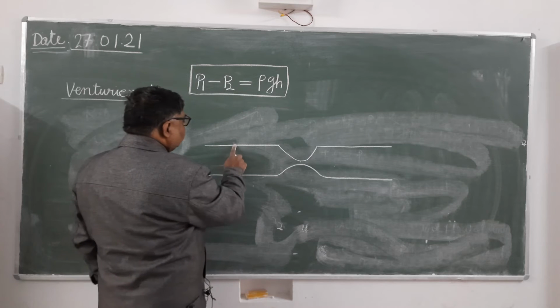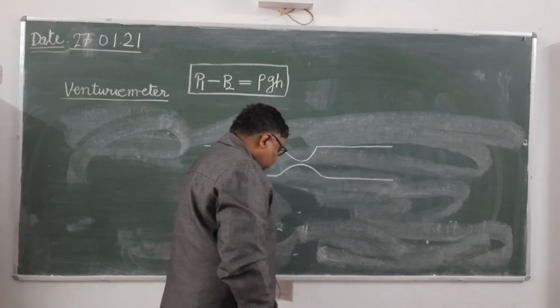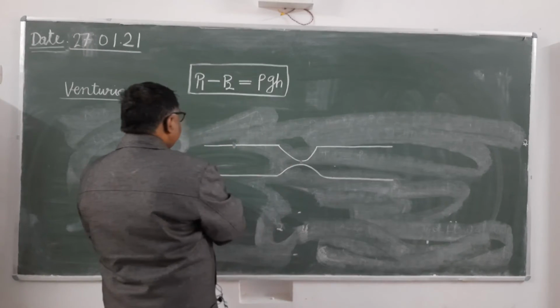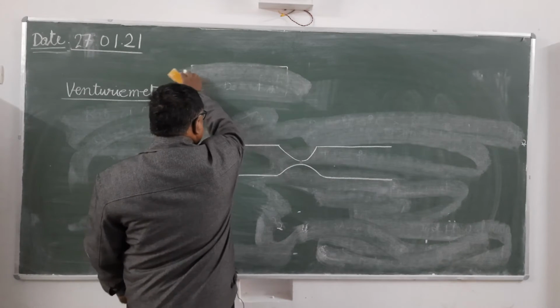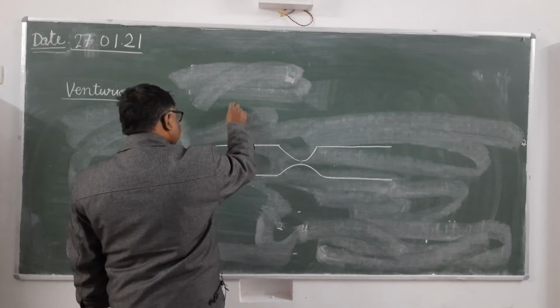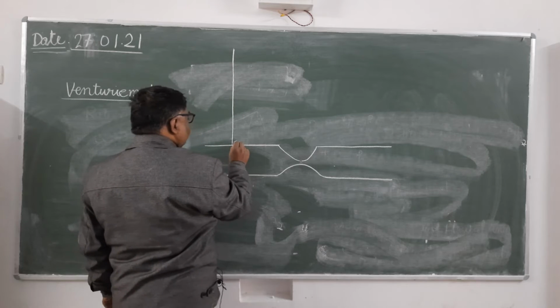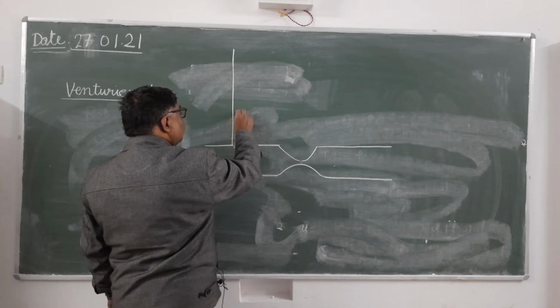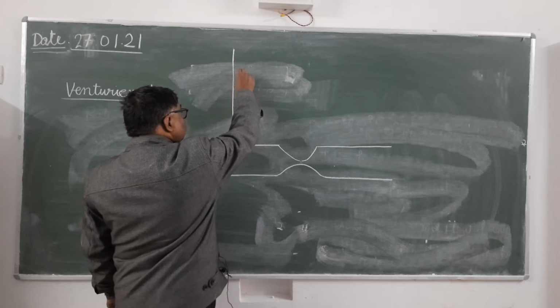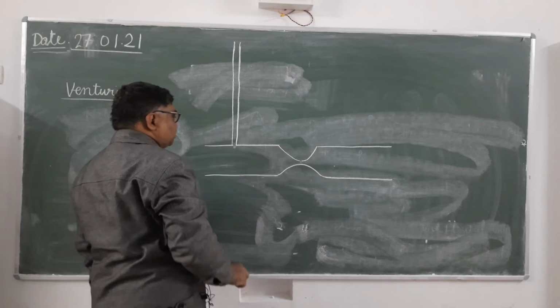Now there are two vertical tubes mounted here which are graduated in centimeter or in meter. Two vertical tubes, ये vertical tubes mounted हैं. Here there is a hole and over that hole a vertical tube is mounted which is graduated in centimeter.